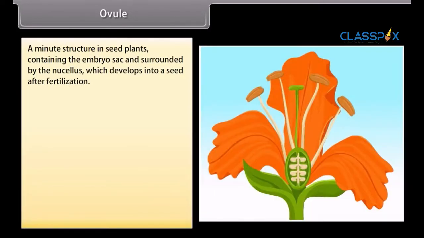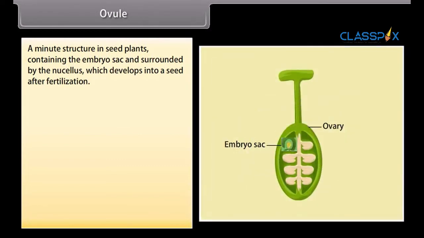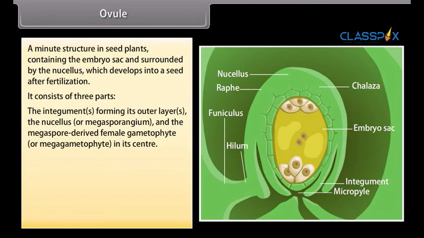Ovule. A minute structure in seed plants containing the embryo sac and surrounded by the nucellus, which develops into a seed after fertilization. It consists of three parts: the integuments forming its outer layers, the nucellus or megasporangium, and the megaspore-derived female gametophyte or megagametophyte in its center.